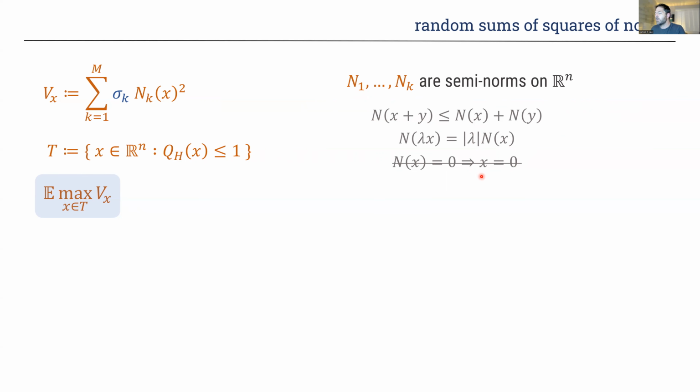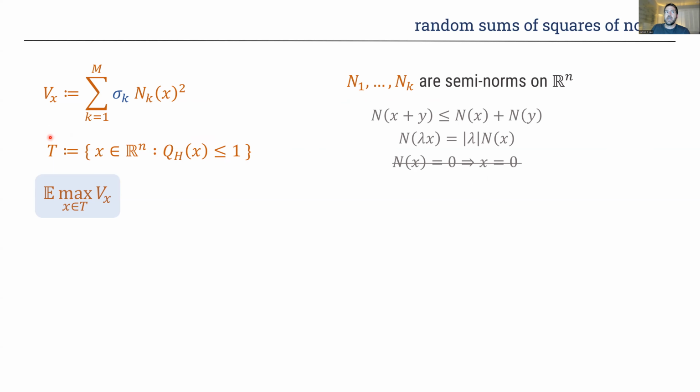A semi-norm is just a norm on a subspace and then 0 on the orthogonal complement. Okay, so this is already one simplification. We're just going to consider randomly signed sums of the squares of norms, for arbitrary norms.